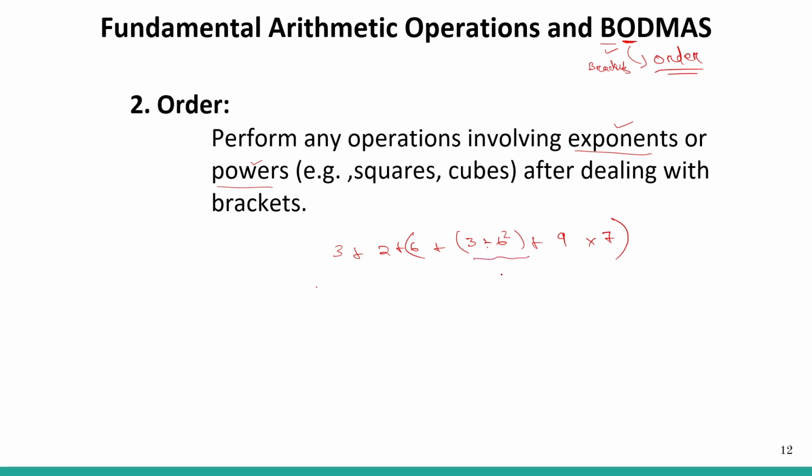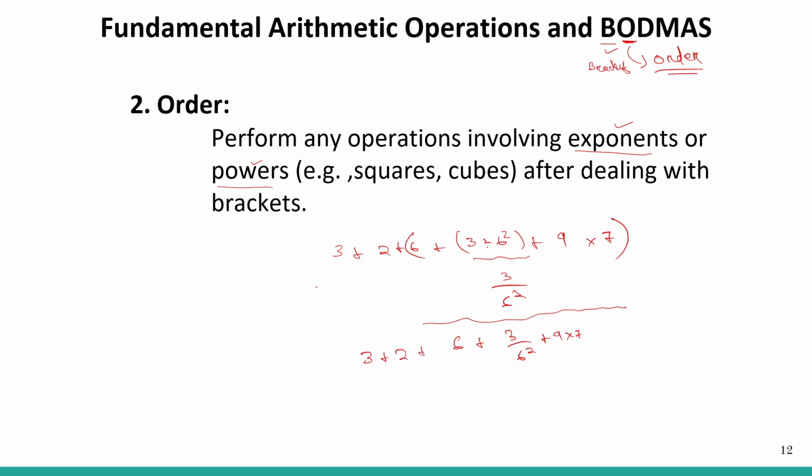This one becomes 3 by 6 square. Then we go for further brackets. Are there any other brackets? Yes, so we evaluate further and get out of these brackets. So 3 by 6 square plus 9 into 7 is what we are left with. What we do next is search for powers or exponents, because we are done with brackets.